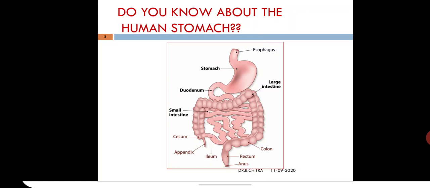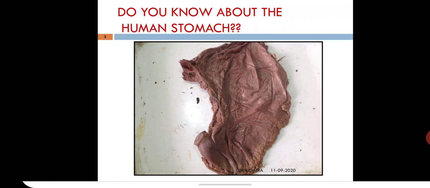Now you can see the human stomach dissected. This is the dissected appearance of the human stomach. It has two ends, an upper end and a lower end. The upper end is continuous with the esophagus, and the lower end is slightly thicker than the upper end and is continuous with the small intestine. The stomach has three parts. The uppermost part is called the fundus, the projecting part above the level of the cardiac opening.